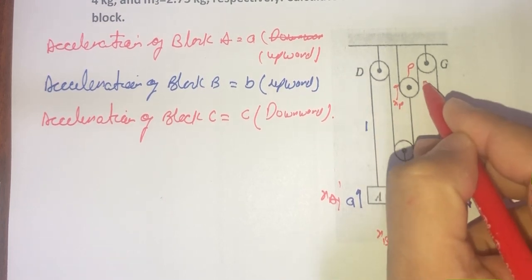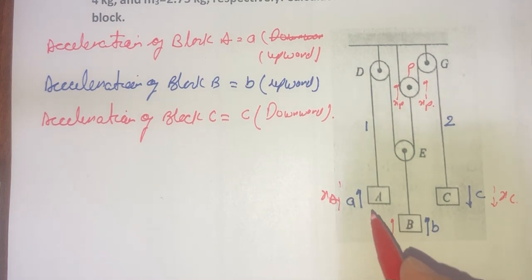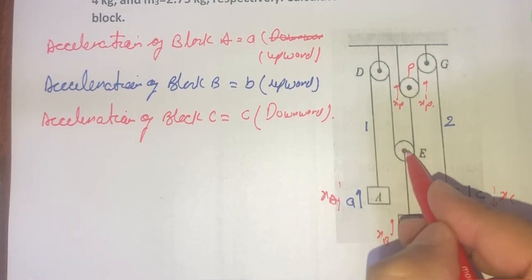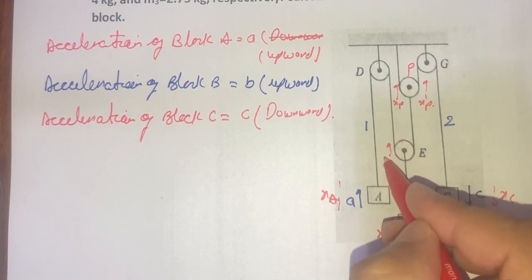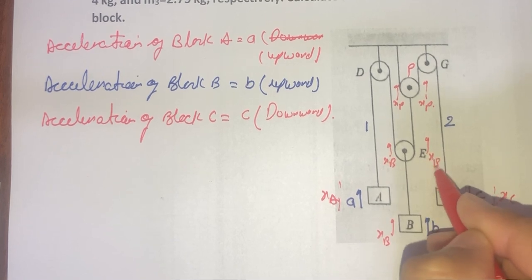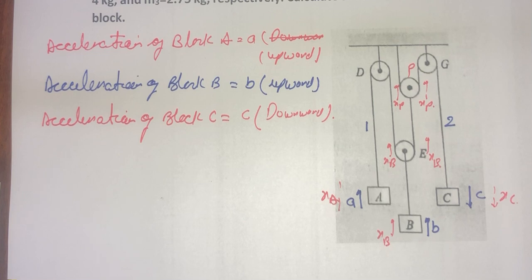And if block B moves by a distance XB, then pulley E will be moving respectively on the thread side by XB, and this will also be traveling upward by XB. This will help us find the relationship between the accelerations of A, B and C.